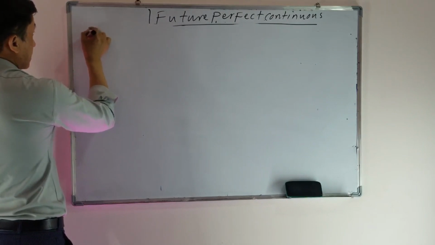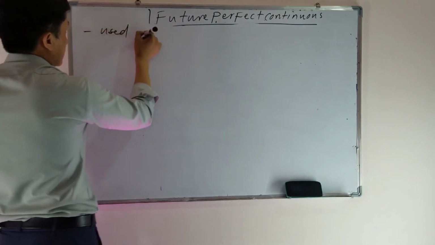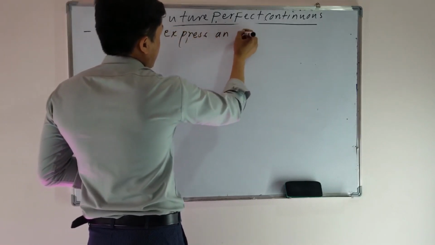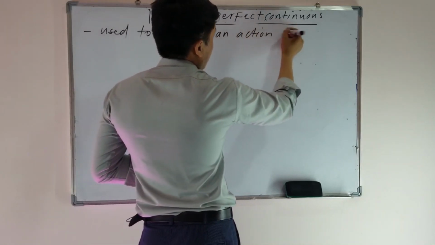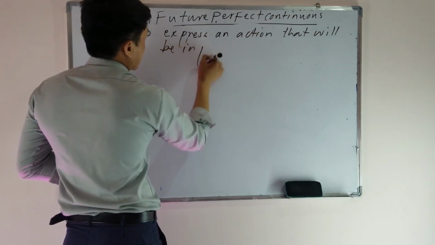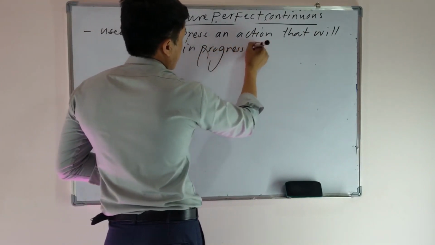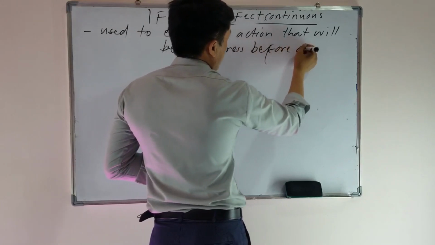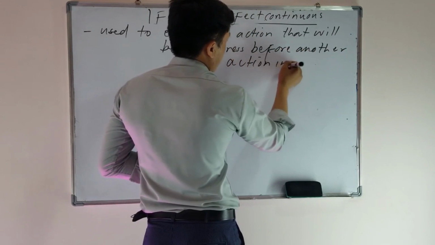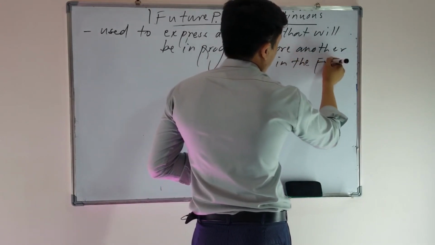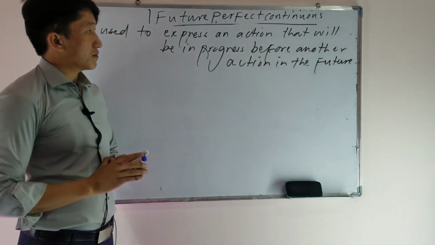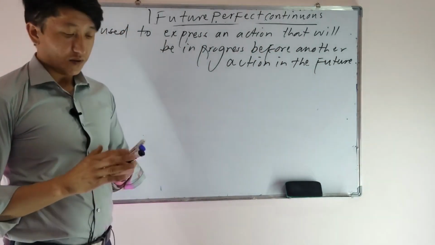Look, it is used to express an action that will be in progress before another action in the future. So we use future perfect continuous tense.